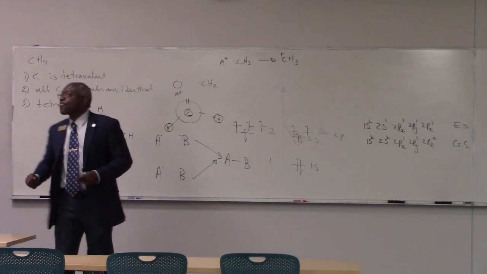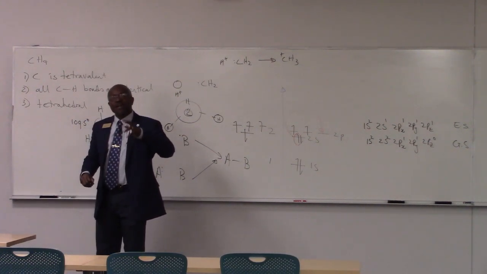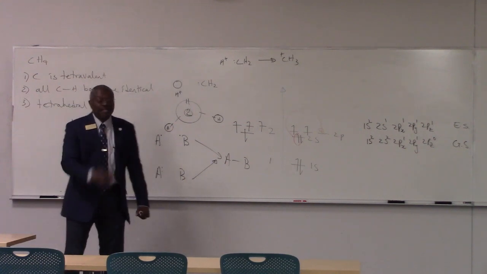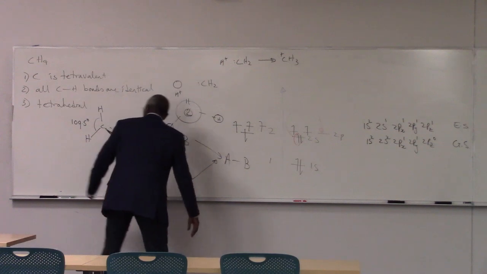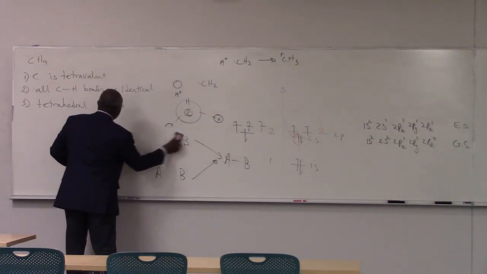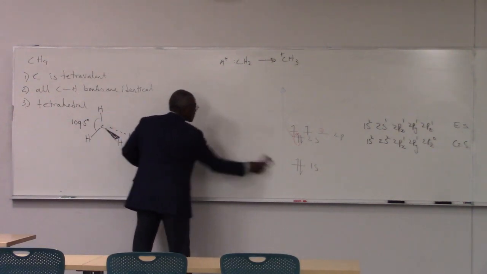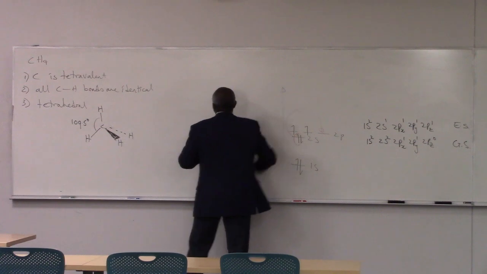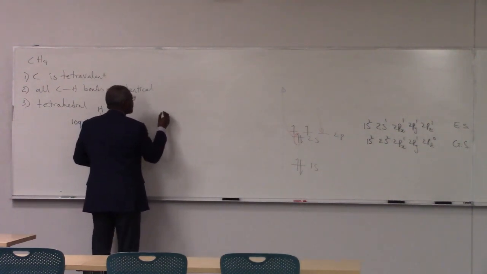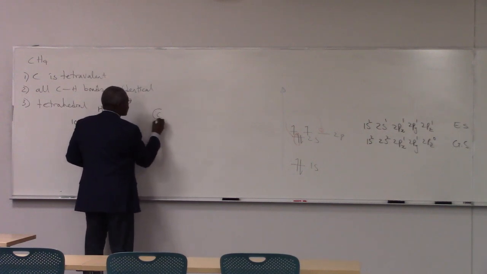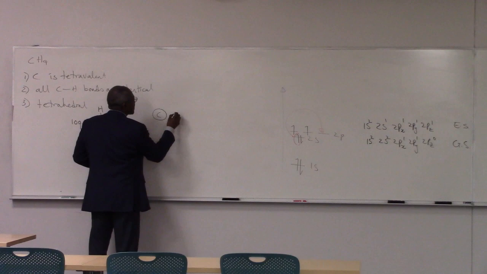Okay, good. That's a good start. Does that model explain why all the CH bonds are identical? Well, let's see. You remember from your Gen Chem that there are fundamental differences between the s and the p orbitals. So if I look at the carbon, I'm going to draw the carbon's s orbital like this, and let's make this the s orbital of a hydrogen. So this should be spherical.